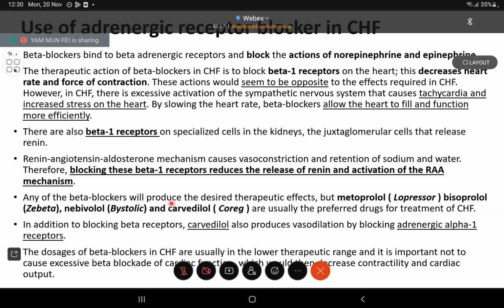Only carvedilol is slightly different. You remember carvedilol because it not only acts on beta one, it also acts on alpha one as well. So we can consider it not a specific beta one receptor blocker. This drug is able to act on alpha one as well.